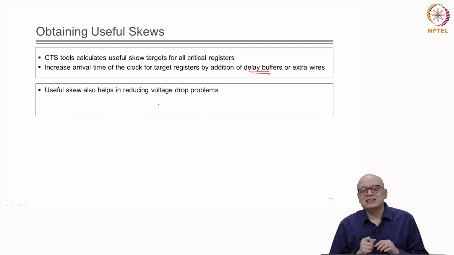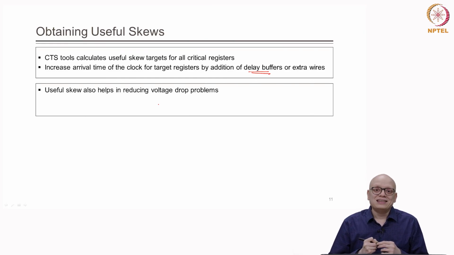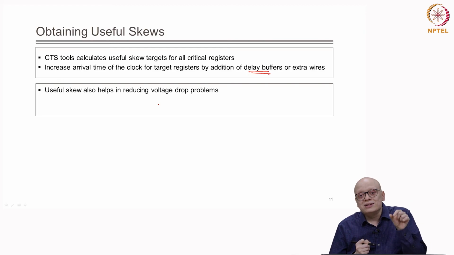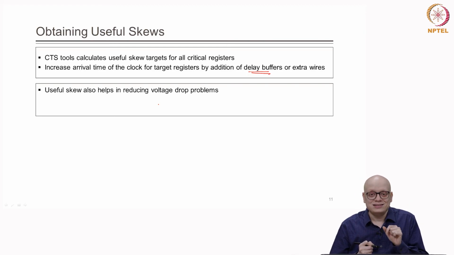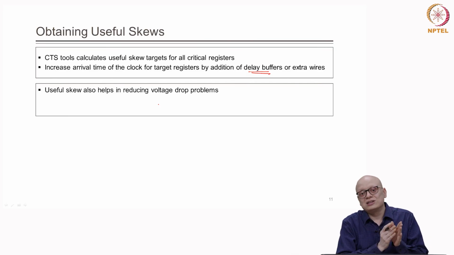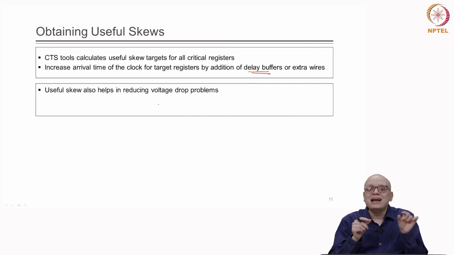In the earlier lecture when we discussed chip planning, we discussed that there can be a problem of VDD voltage dropping when it reaches the standard cells. Now, if we skew the clock signal, the flip flops get triggered at different time intervals; all of them do not get triggered at the same time.